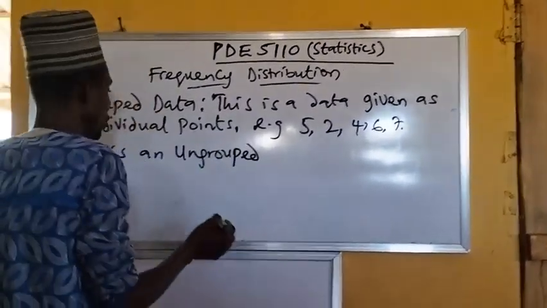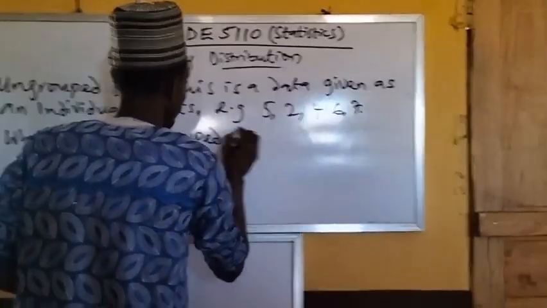What is an ungrouped frequency distribution?